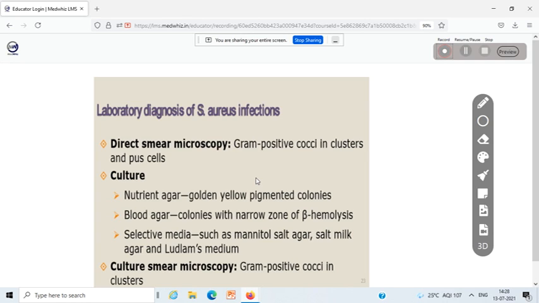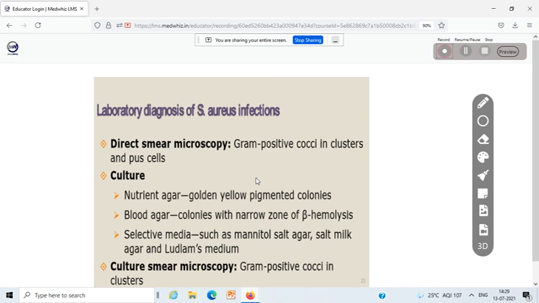Coming to the laboratory diagnosis of Staphylococcus aureus infection, direct smear microscopy by gram stain shows gram positive cocci in clusters and pairs. Culture on nutrient agar shows golden yellow pigmented colonies. Blood agar shows a narrow zone of beta hemolysis. Selective media include mannitol salt agar, salt milk agar, and Ludlam's media.